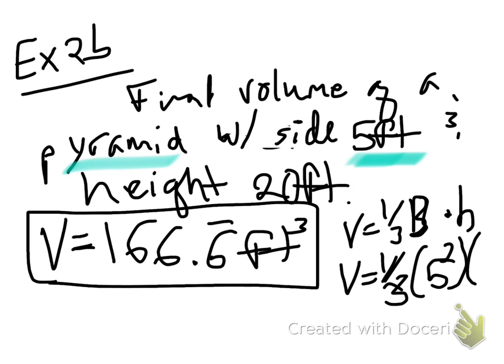They gave you a height of 20 feet, so we'll plug that in. So 5 squared is 25, times 20, times 1/3. You should have gotten 166.6 repeating.